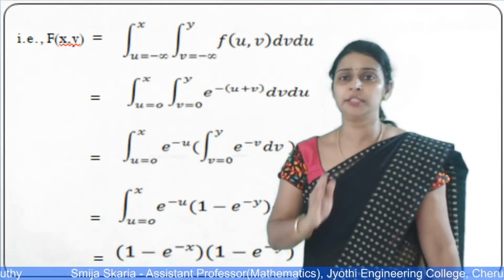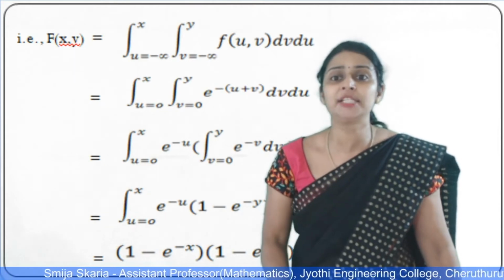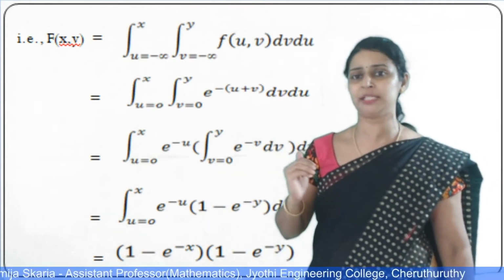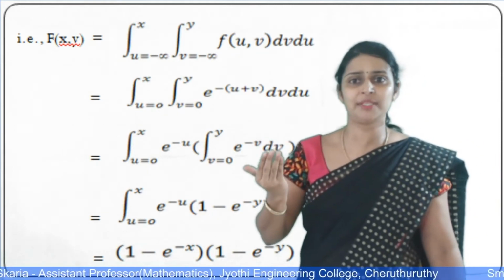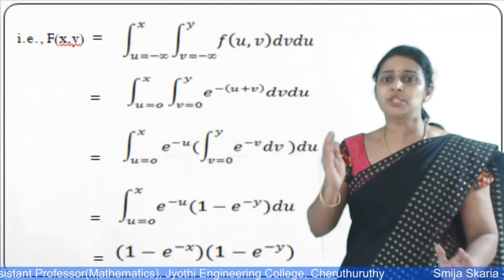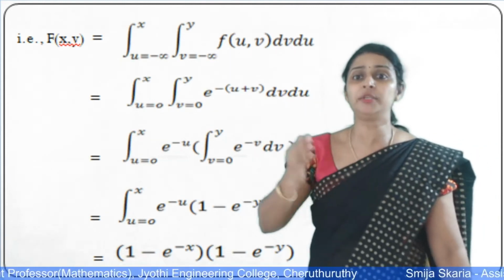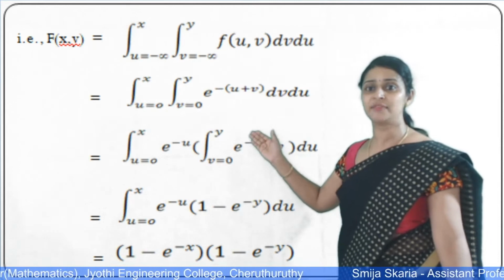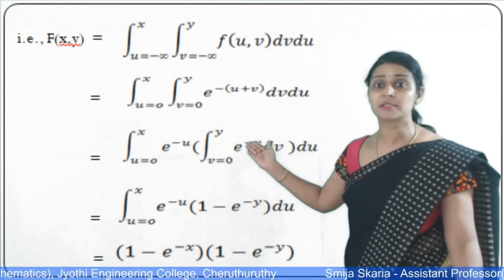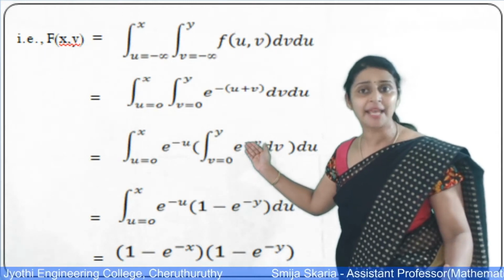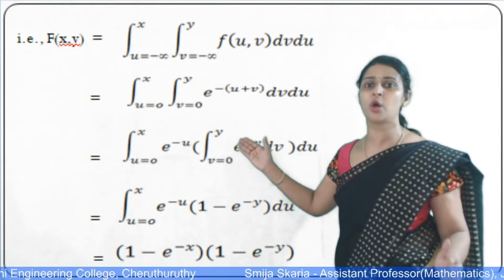First we separate e raised to minus (u plus v) into e raised to minus u into e raised to minus v. Since we are integrating with respect to v, e raised to minus u is constant, so we can take that outside the integral of v.